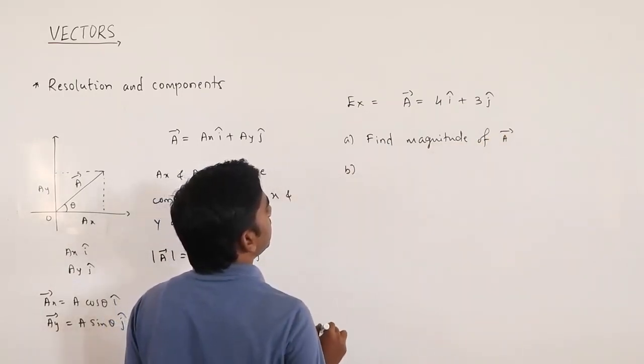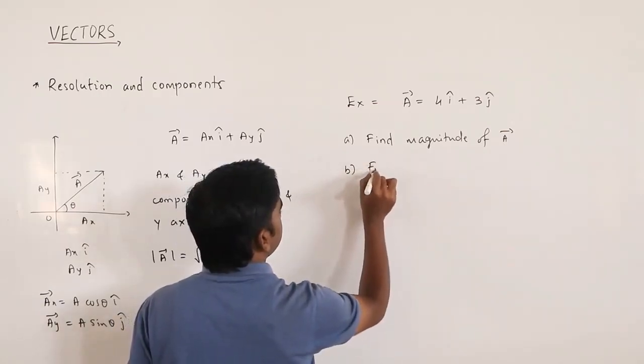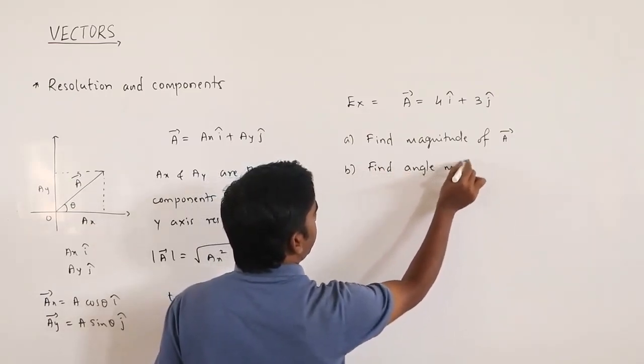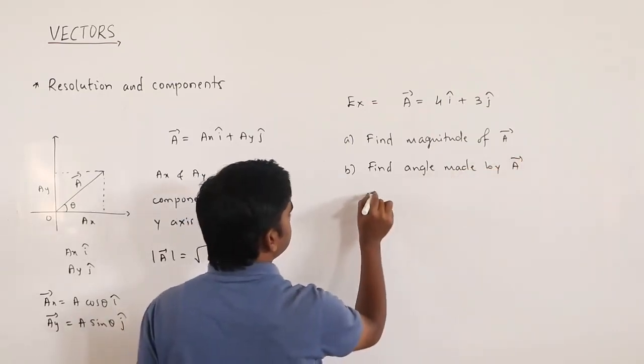Second thing, find the angle made by vector A with the x axis.